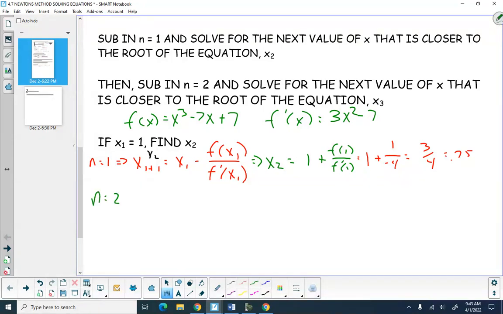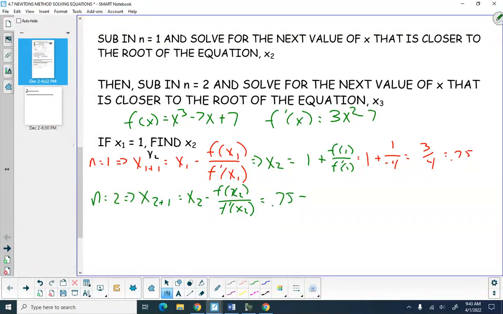If n is equal to 2, this tells me we have x3, n plus 1, is equal to x2 minus my function at x2 divided by my derivative at x2. Now we start running into some calculation issues because this is a little bit more work than the first one there. So we have x2, which is 0.75.